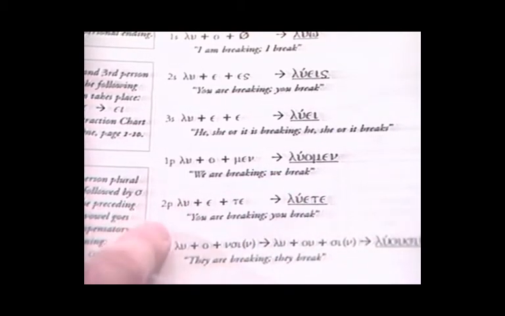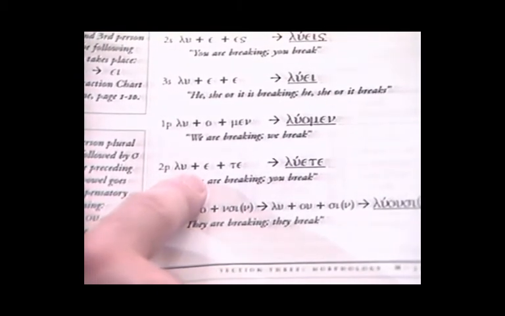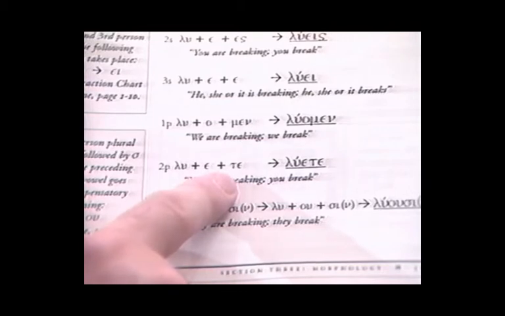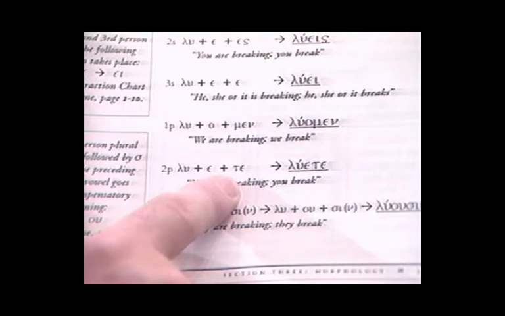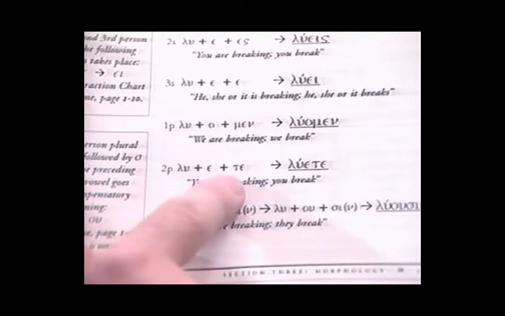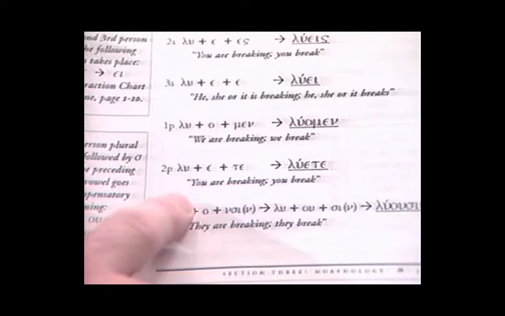The second plural is the stem lu, to which we add the connecting vowel epsilon, and to that we add our personal ending te. Te is the second plural, meaning you plural. We put those three elements together and we get the resulting form luete. You plural, are breaking, or you break.